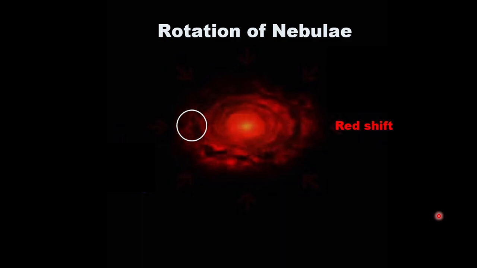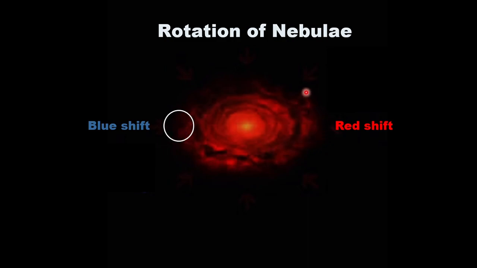And then you turn your telescope on the opposite edge of this nebula, and you see that it's blue shifted. That tells you that the gas and dust at this end of the nebula is actually moving towards you.